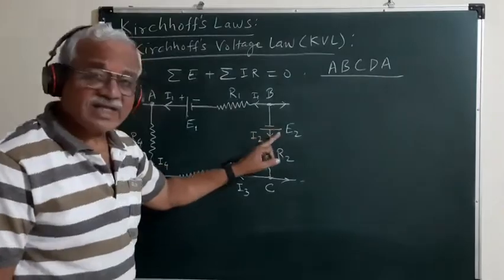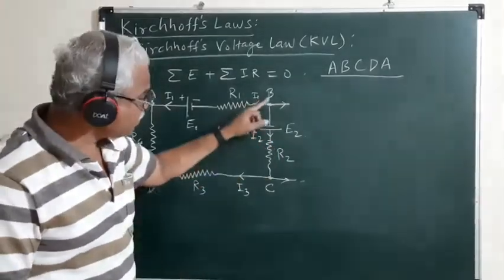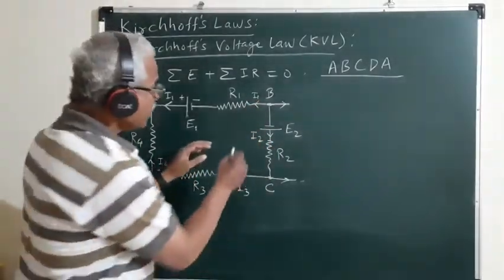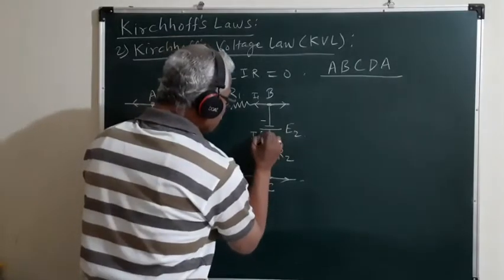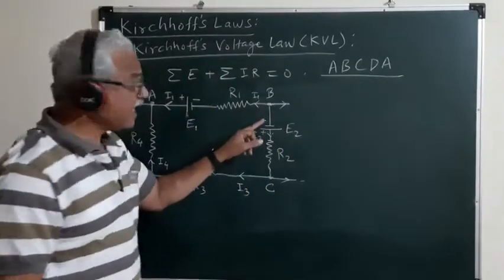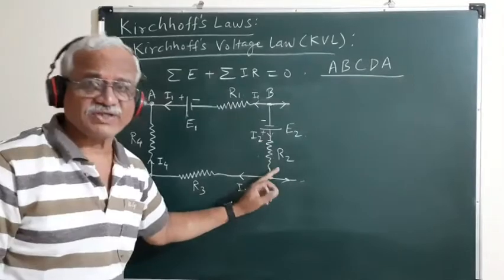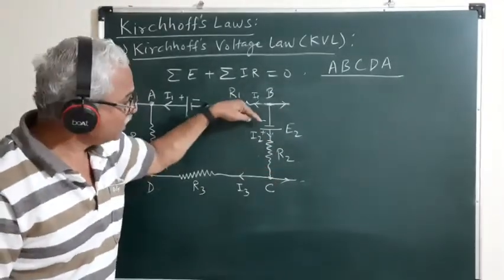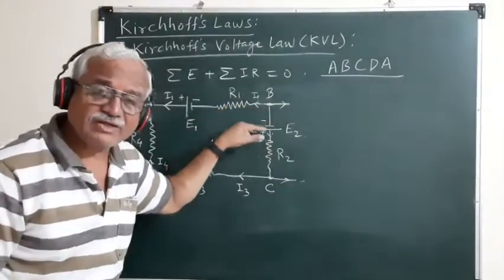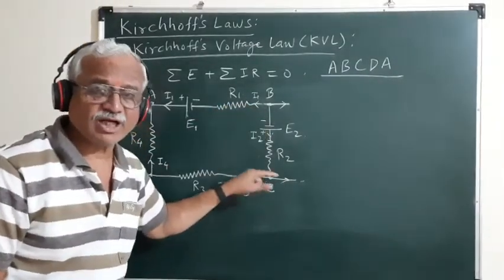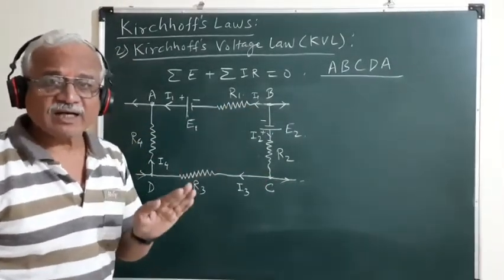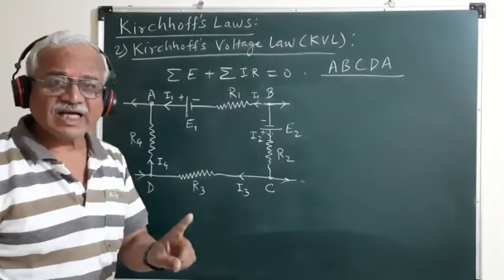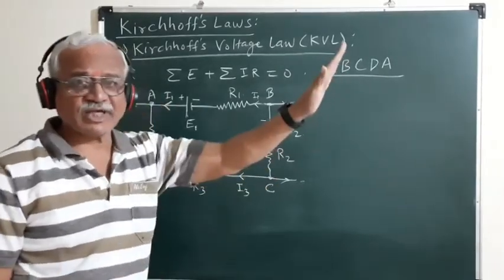If we consider the second source of EMF in the branch BC, here we are traversing this source from the negative terminal towards the positive terminal. So we are traversing in the direction of increasing potential.